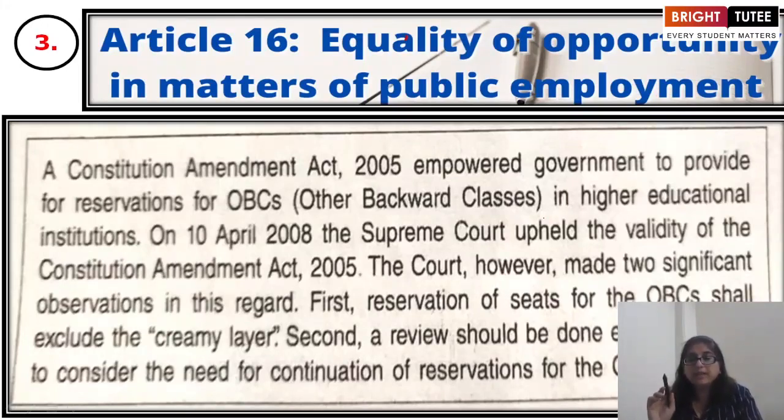Though in many states they were already enjoying the benefits of reservation, there was still a lot of agitation on the issue as far as government services were concerned. And finally, the government approved 27% reservation in August 1990.